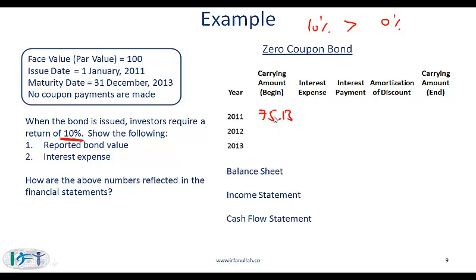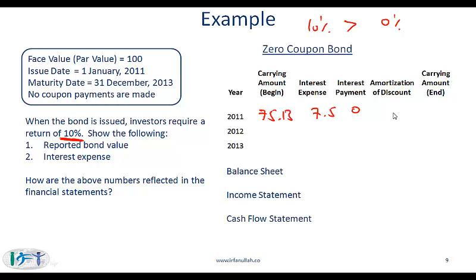So this is what's shown initially on the balance sheet. Then the interest expense is 10% of 75.13. So that would be 7.5. How much is the interest payment? The interest payment is actually 0 because no payment is being made.